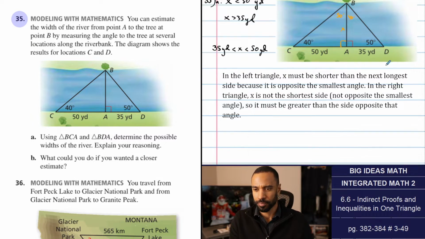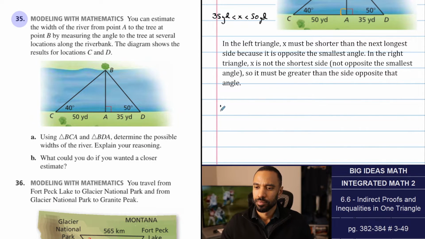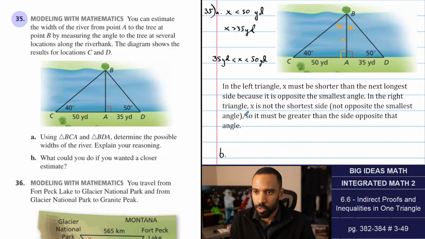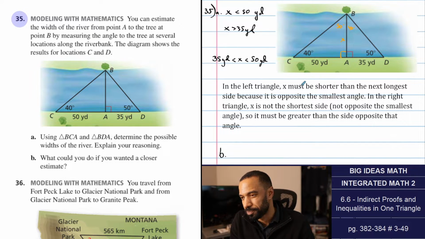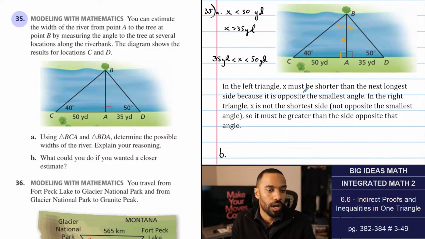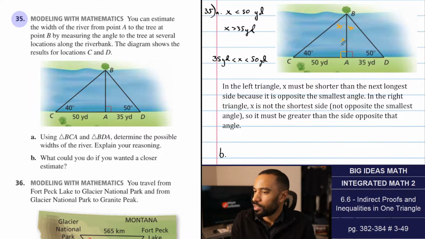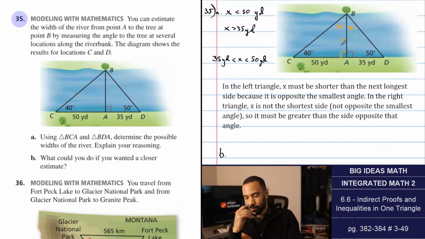Part B. What could you do if you wanted a closer estimate? Well, you could use trigonometry. Something with the bridge stuff, right? If you wanted a closer estimate, pick a third.